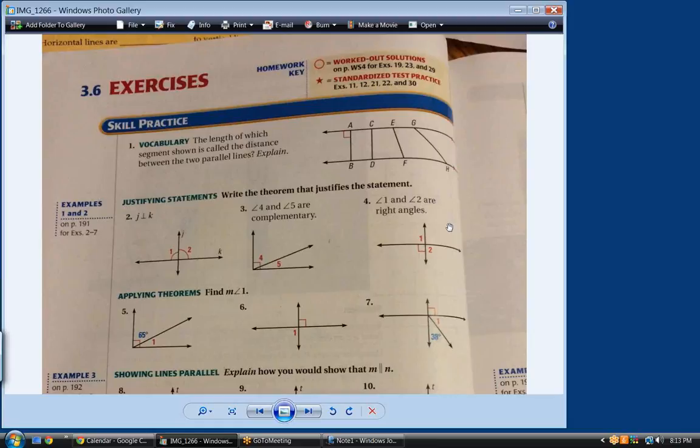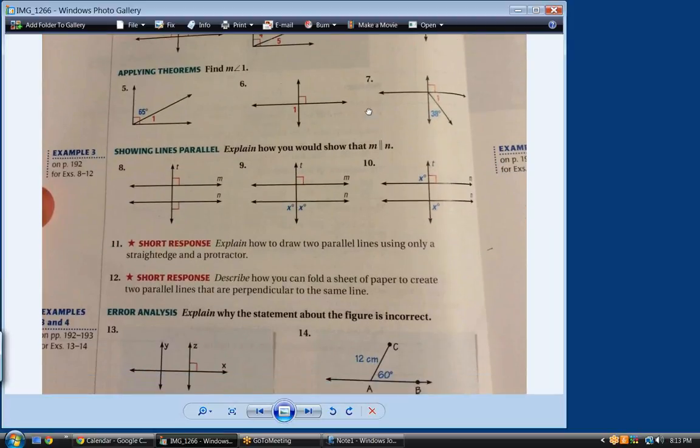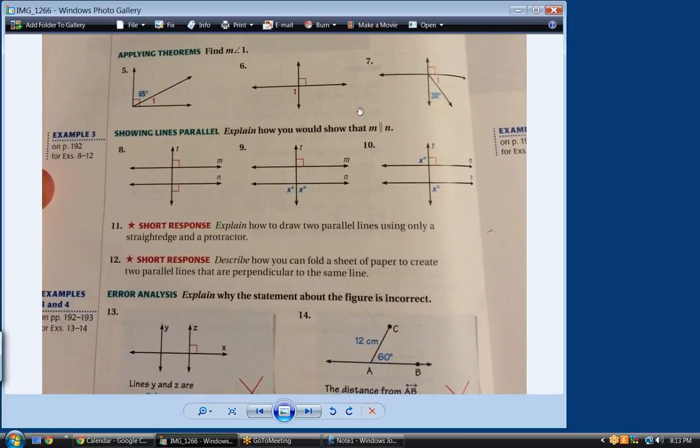In my book, the three pictures shown for these three theorems are the exact three pictures that you're looking at here. They're not different at all, so it was easy to recognize those. Now we're going to apply the theorems, and this is much easier.